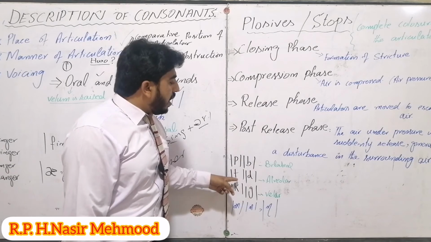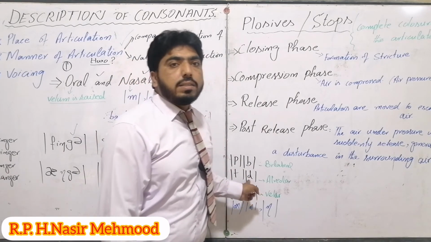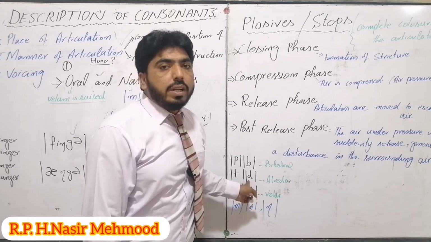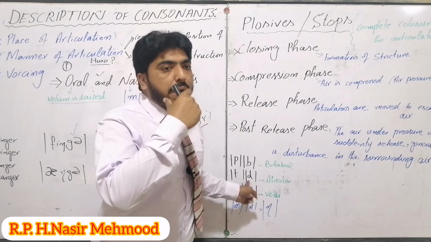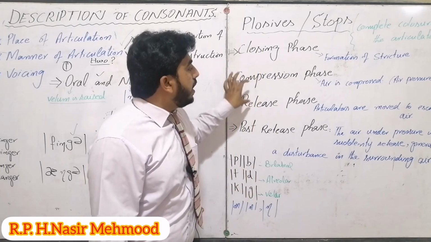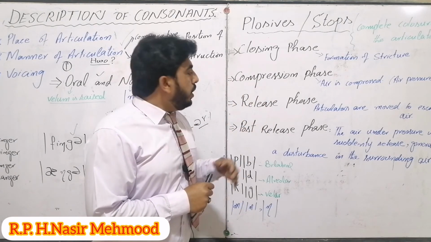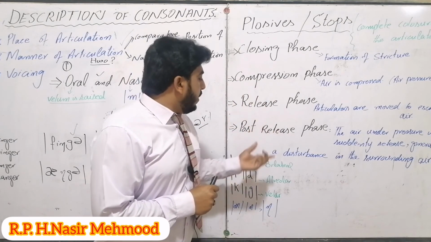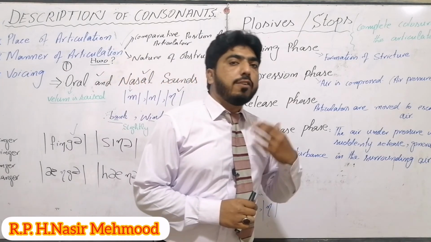Other plosives are alveolar, t and d. In these plosives, the tip of the tongue touches the alveolar ridge. By closing the tip of the tongue against the alveolar ridge, we compress the air, and then we move the articulators and release the air. Another one is velar, at the soft palate.